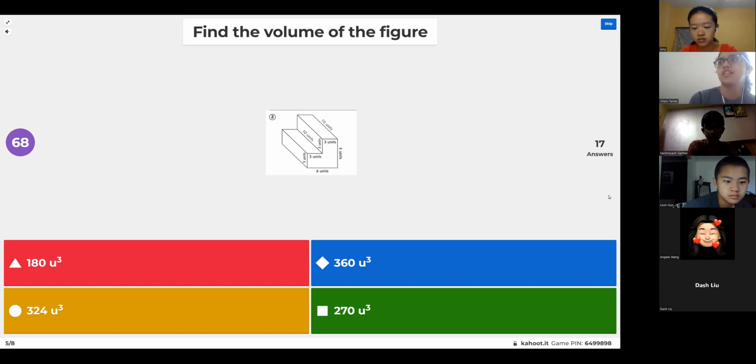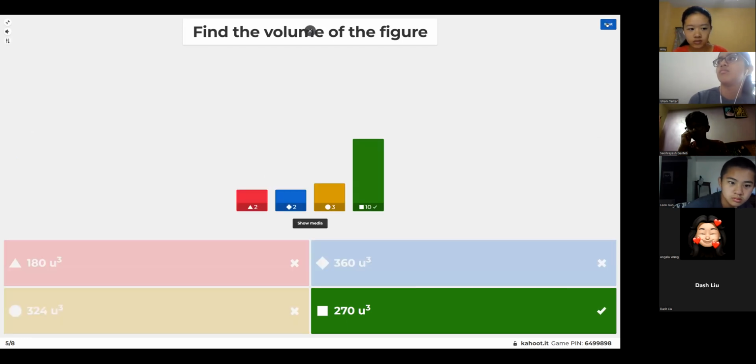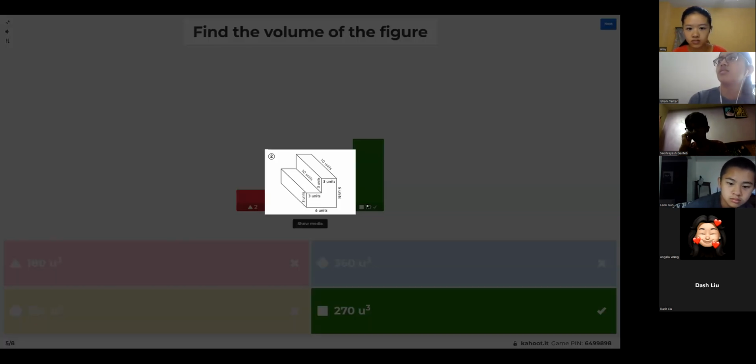Imagine if you divided this, there would be 3 rectangular prisms of the same size, right? Oh, you shouldn't have to look at this screen. Your phone or whatever you're doing it on should be showing the question.